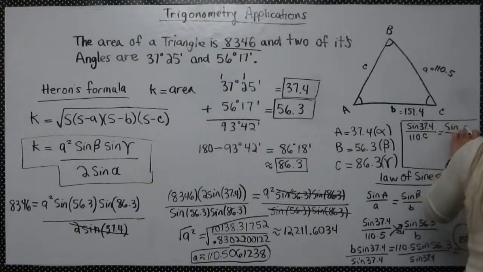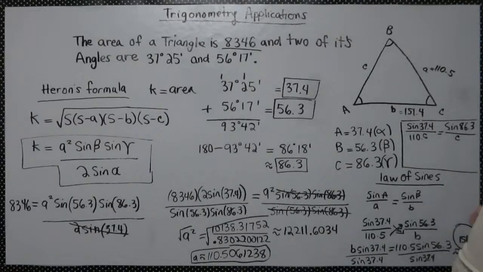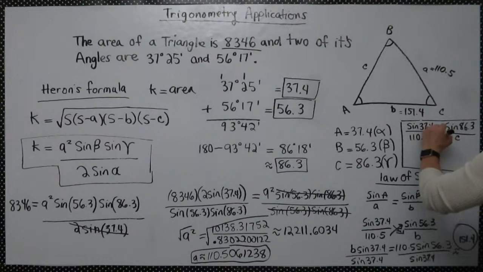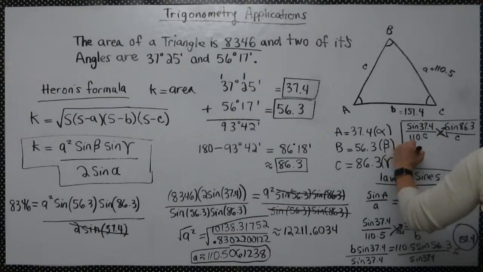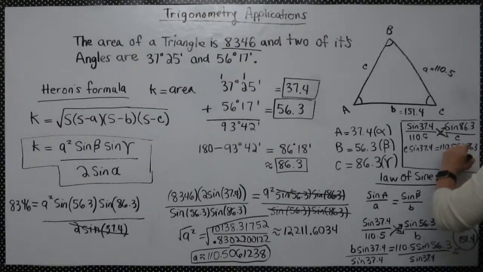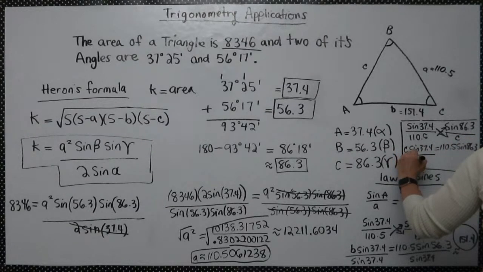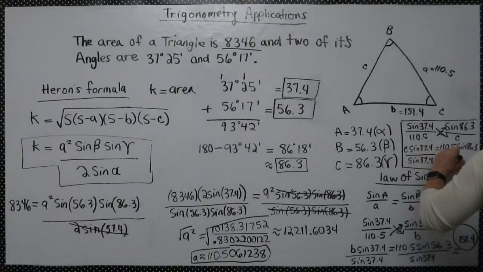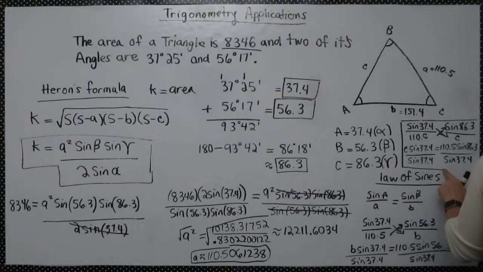So sine C is 86.3. All right, so use your cross product again, and you'll get C sine 37.4 equal 110.5 sine of 86.3. Divide off the sine of 37.4 on both sides. And you're going to solve for C here.